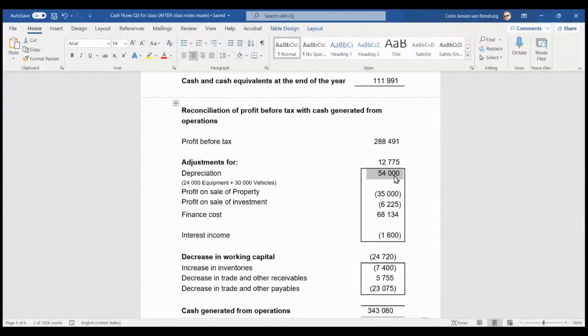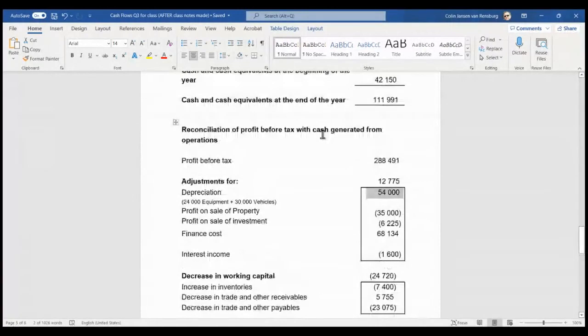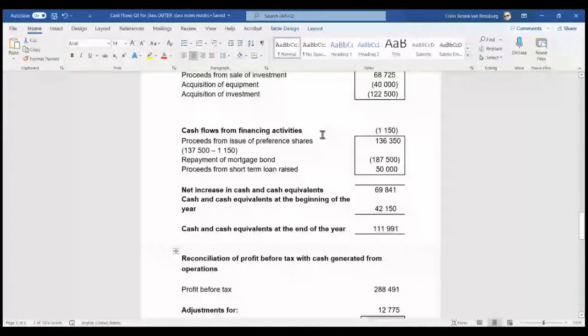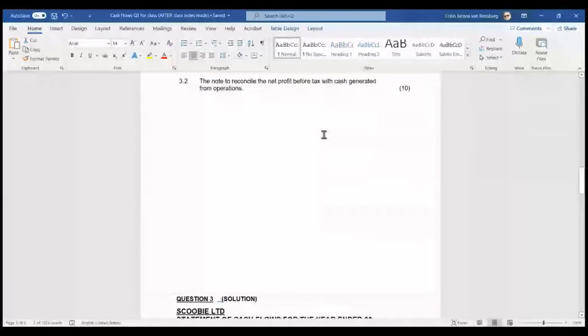Right. So I can see you all know where that comes from. 54,000. But ladies and gentlemen, we must still ask ourselves that further question: should that be shown as a positive or should it be shown as a negative? Now, we speculated a little bit earlier, from the first semester, how we draw up a statement of comprehensive income.